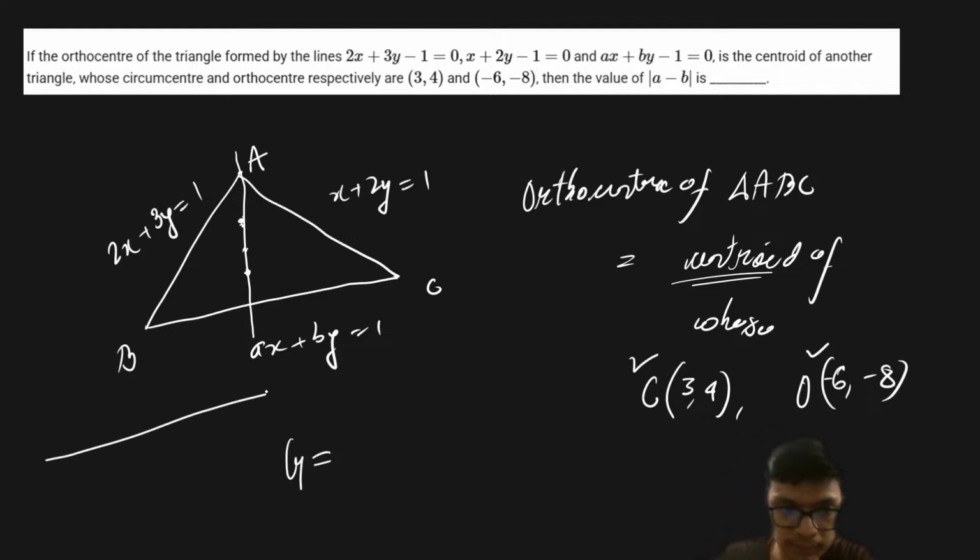So the circumcenter is given as 3 comma 4 and the orthocenter is given as minus 6 comma minus 8, right?